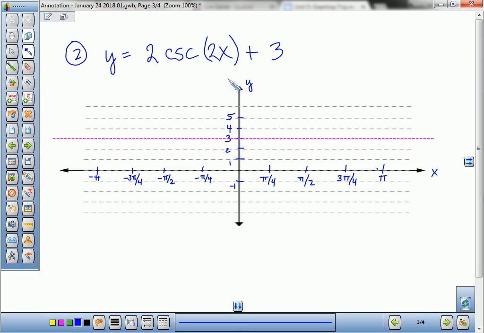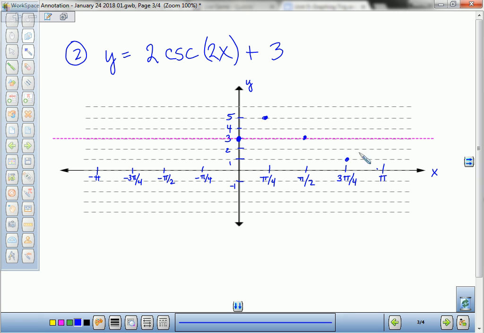Alright. Now, I didn't give us a horizontal shift. That's alright. We can do a horizontal shift if there was one. But I didn't give you one. So at this point, I would plot just the vertices, the middle, high, middle, low, as if it were sine.